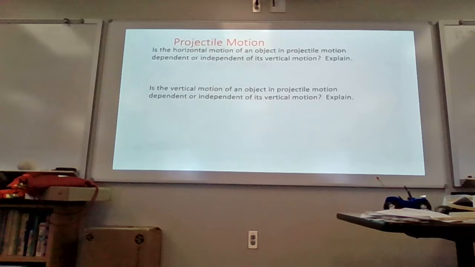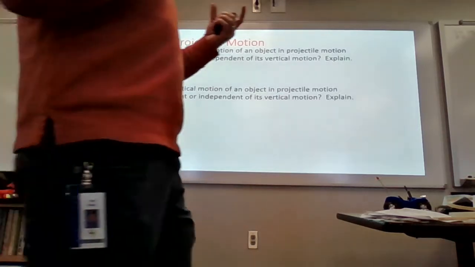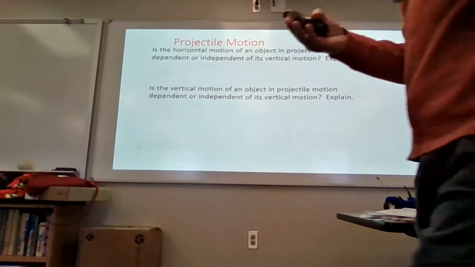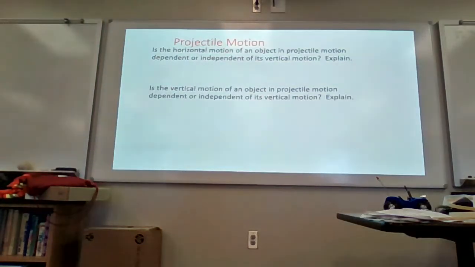And this is one of the paradigms, the perspectives that you need to be successful at projectile motion: to separate out, hey, how is this thing moving horizontally? What forces are acting on it horizontally? Hey, how is this thing moving vertically? What forces are acting on it vertically? And know that those two answers don't influence each other. They're independent.